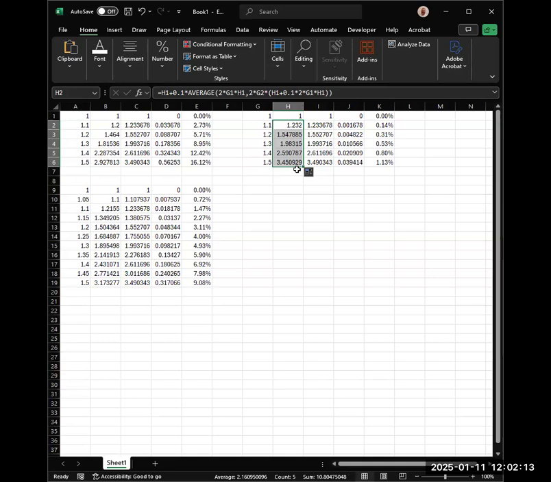That new approximation for y when x is 1.5, 3.4509, is much closer to the actual value of 3.4904.